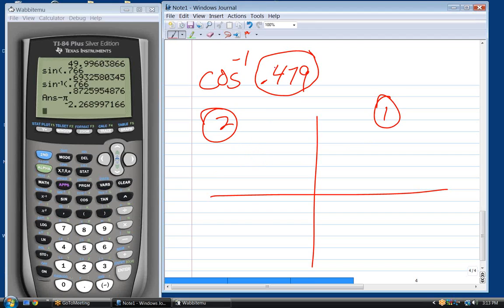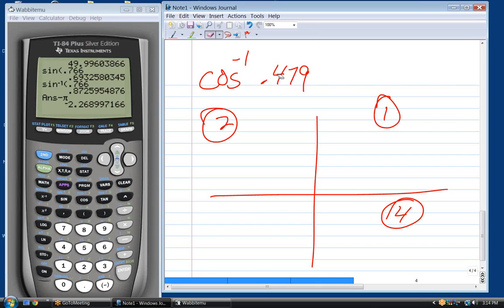But if we wanted both angles for this particular problem, we need to come up with the first and the fourth, because the fourth is also positive. And the fourth is merely 2 pi minus this one.